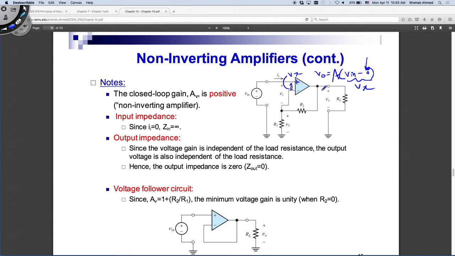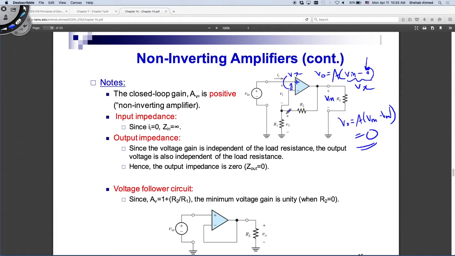If this output happens to be V input somehow, then what is the open loop gain? V output equals A times V input minus V input, so it's 0, right? If I'm able to do that in a good way, then my op-amp output will not be affected by its open loop characteristics. It will be controlled by my feedback circuitry around it, right?